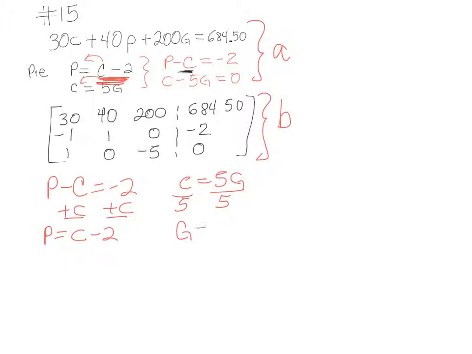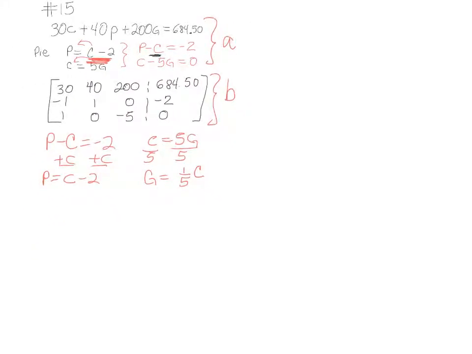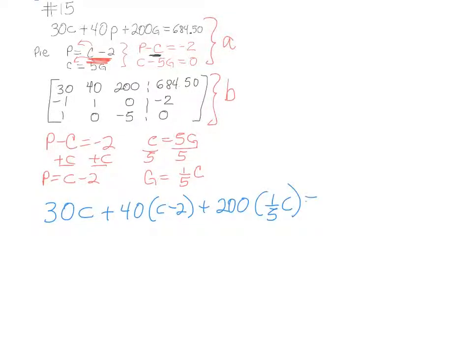So G equals 1/5 C. Now that we have those two equations in terms of C, we can go back to the first equation, and we're going to have 30C plus 40 times P, but P is C minus 2, plus 200G, but G is 1/5 C, and that equals 684.50.